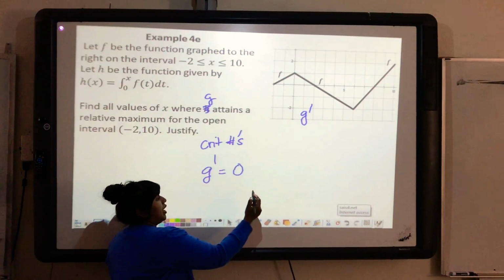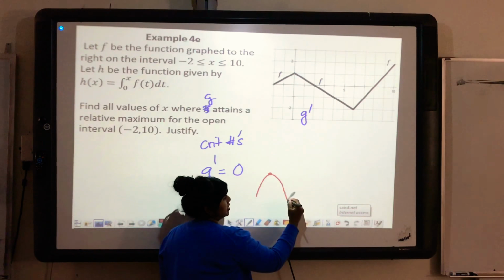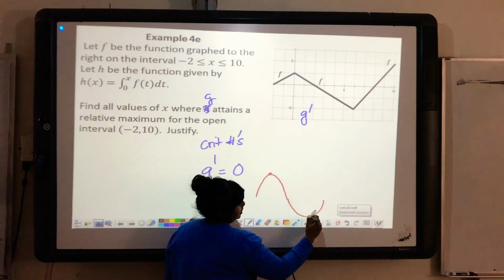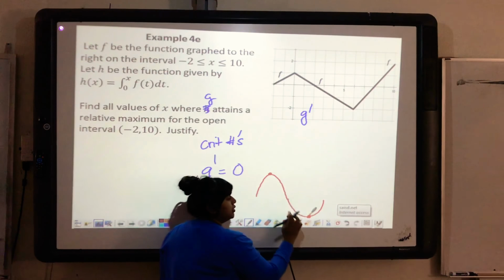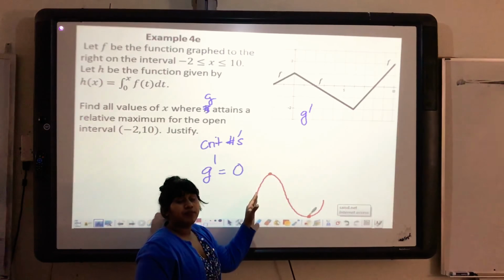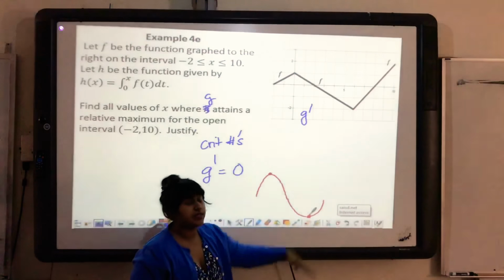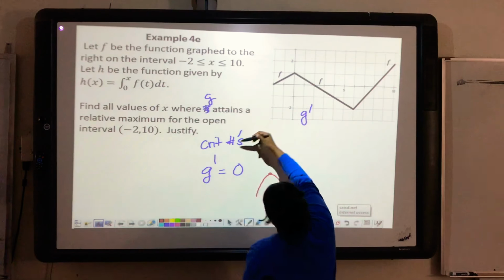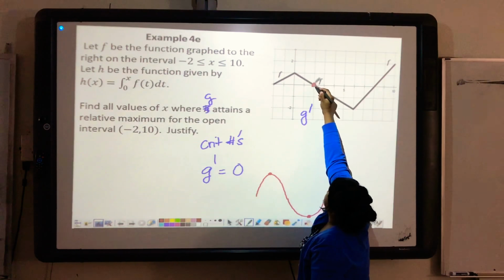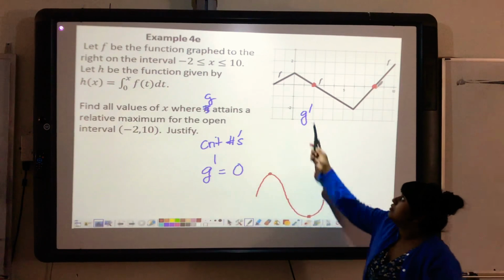We have to know. If it's a max, it would look like this, right? A max versus a min, which would look down here. So to create a hill instead of a valley, what did I do? What kind of slope is this? Positive slope, so I'm going from increasing to decreasing, not decreasing to increasing. So let's look at where our critical values are. So I have a critical value right here, and I have a critical value right here. Which of these is our relative max?